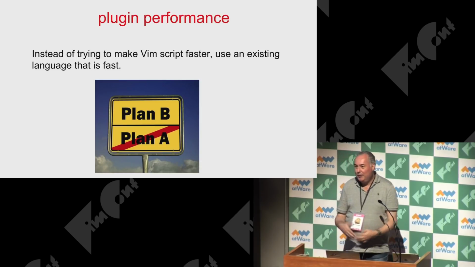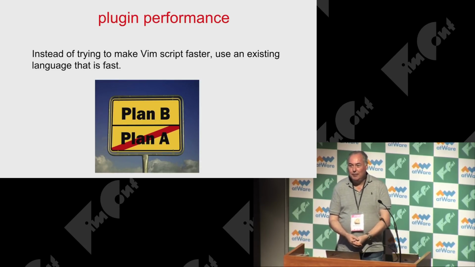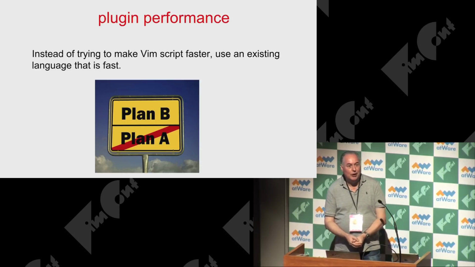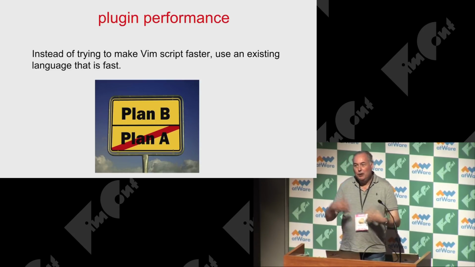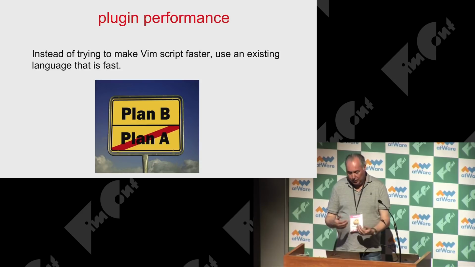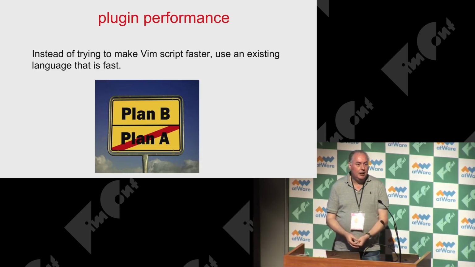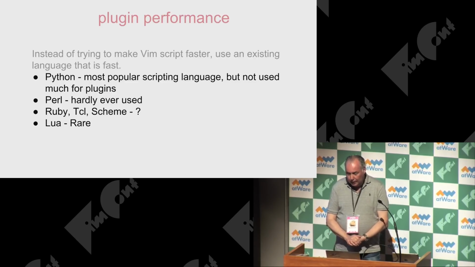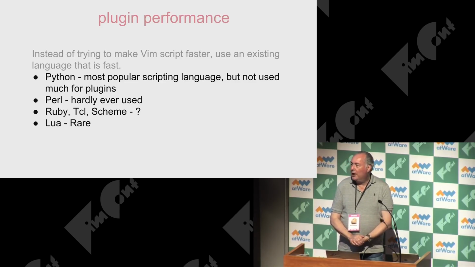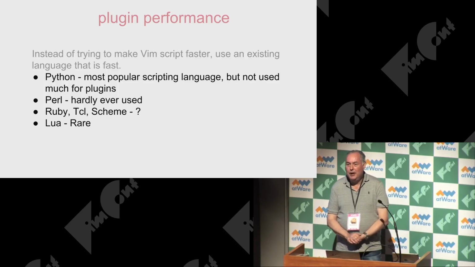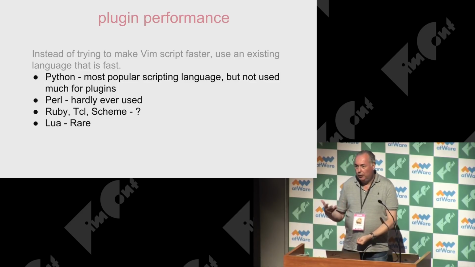Another thing that happens if you talk about plugin performance and people complain that Vim script is so slow, then they suggest, well, why don't we use another language, like Python, Perl, whatever? Because these languages have already been implemented and optimized, and those are much faster. So if you look at what's available right now, we have some interfaces for Python, Perl, Ruby, Lua.